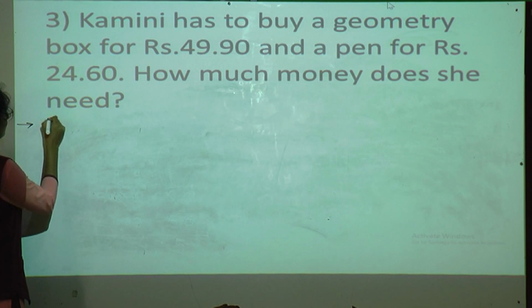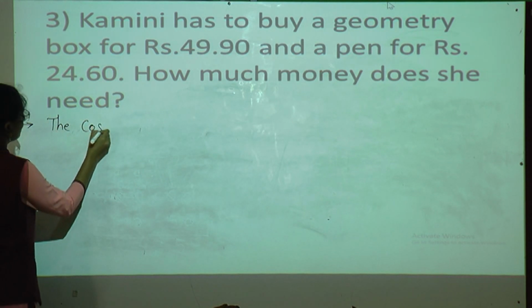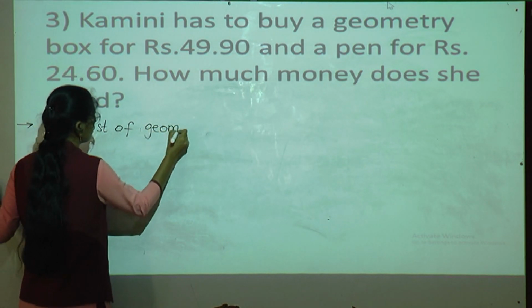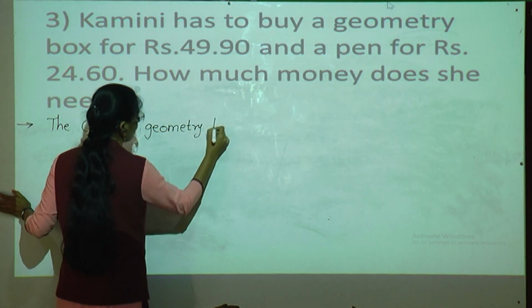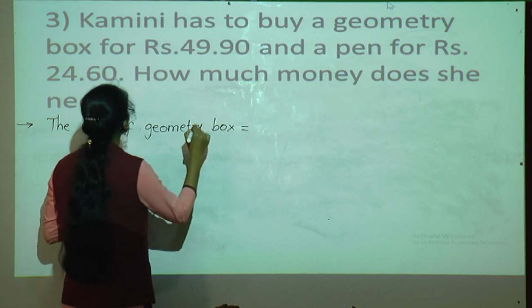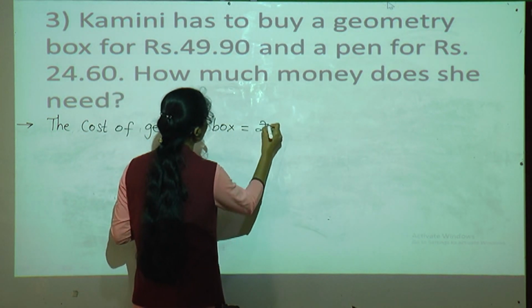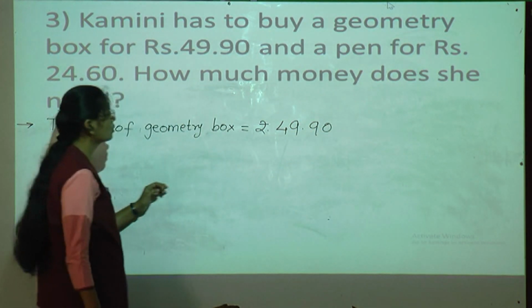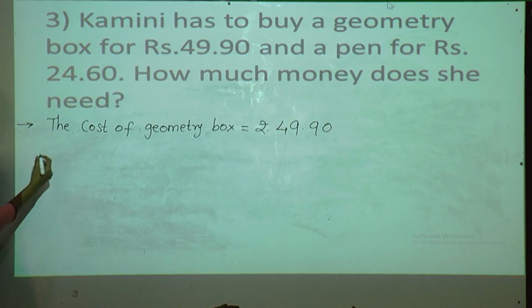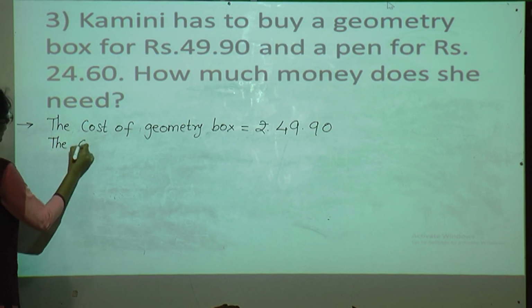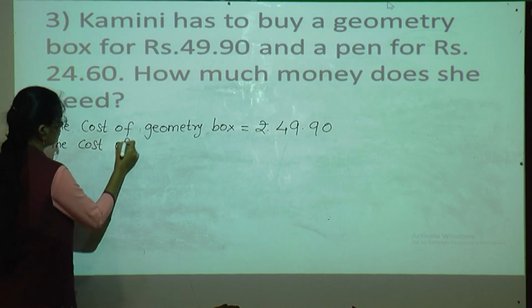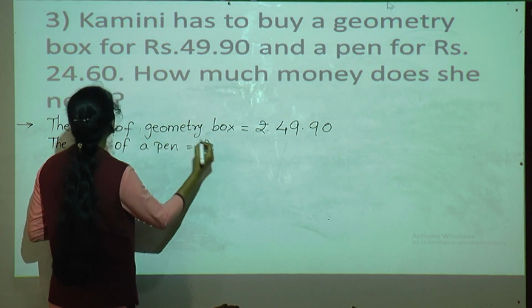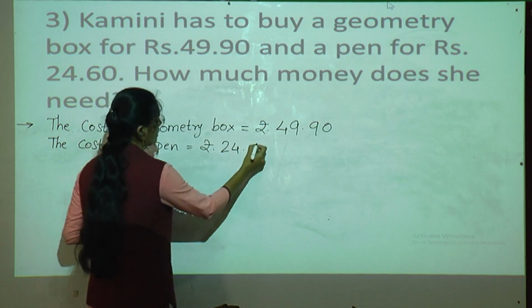The cost of the geometry box. What is the cost of the geometry box? Rupees 49.90. Okay, and then the cost of a pen is equal to rupees 24.60.